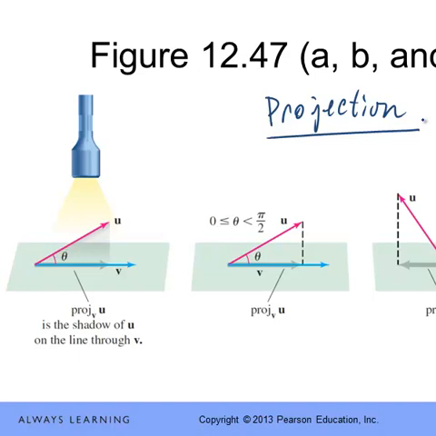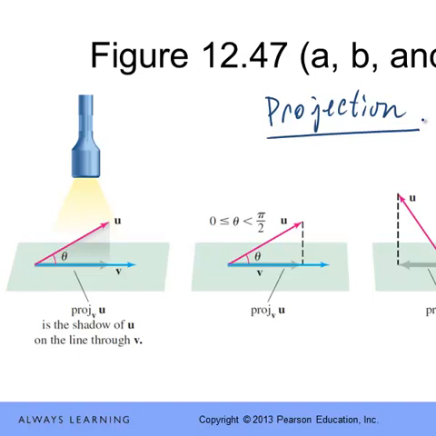So here's what we think about. Here's a way of visualizing the projection of a vector u on a vector v. You put the tails of the two vectors together right here, and imagine that vector v is horizontal. So you've got vector u up at some angle.